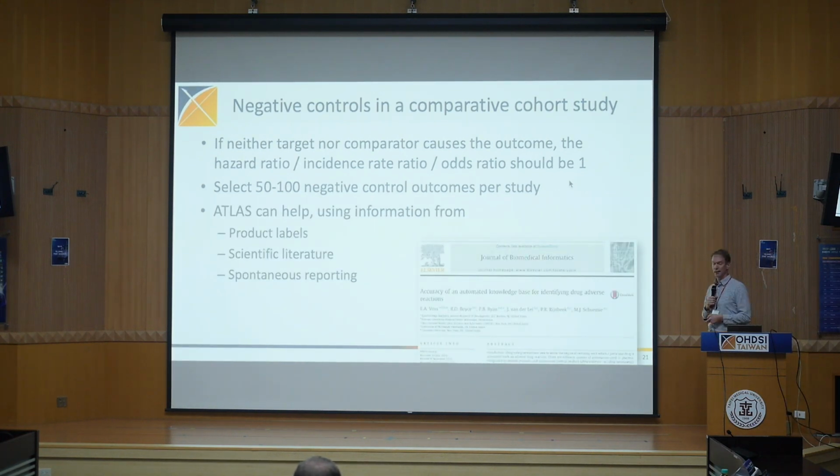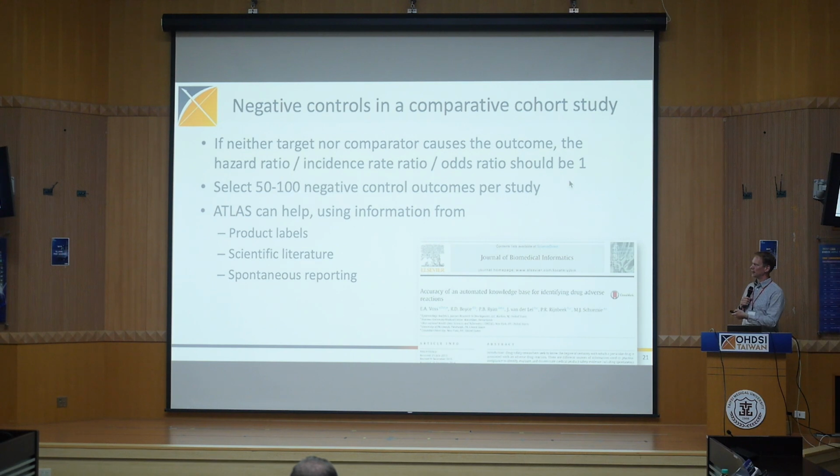And actually, Atlas can help you do that. Because you might think, whoa, 50 negative controls is a lot. How am I going to do that? Luckily, Atlas has a feature, and Marc is going to show you how that works. Behind it is a whole lot of machinery. All you do is maybe enter your target and comparator drug, and it gives you a list of candidate outcomes.